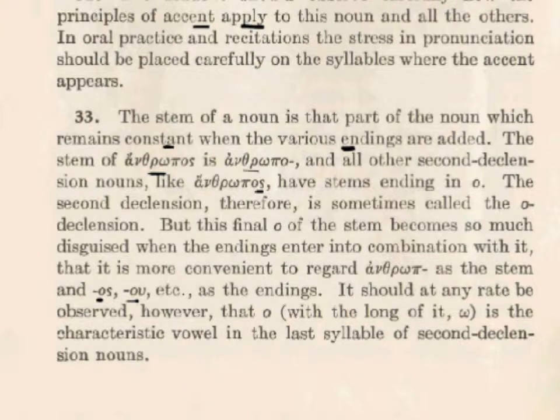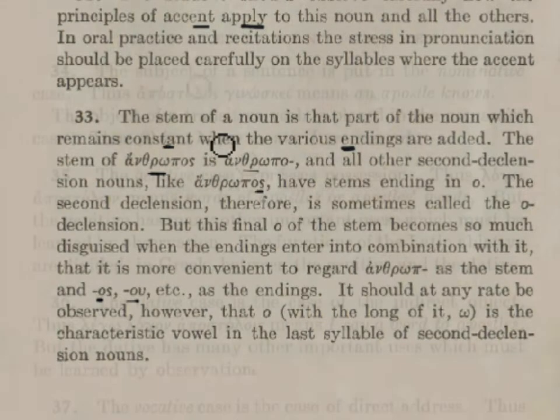So as you're learning these words, you should think of the omicron sigma as the ending over here, you should think of the omicron iota as the ending that's being attached to the stem, and that's how you'll form the various parts of the declension.